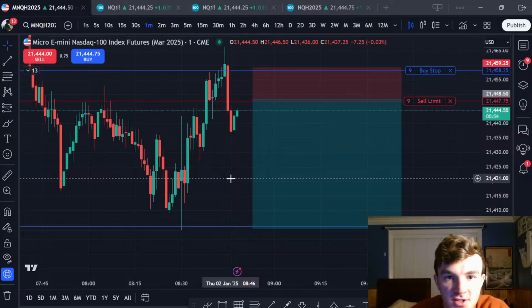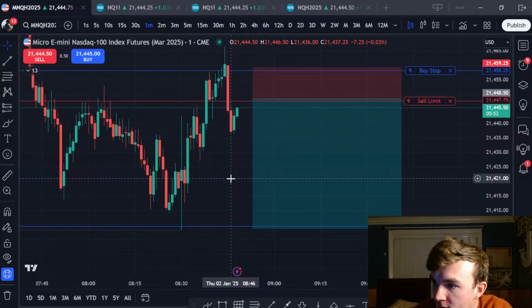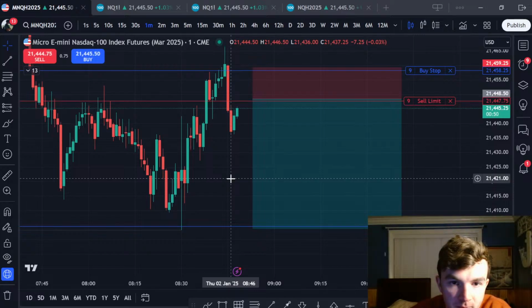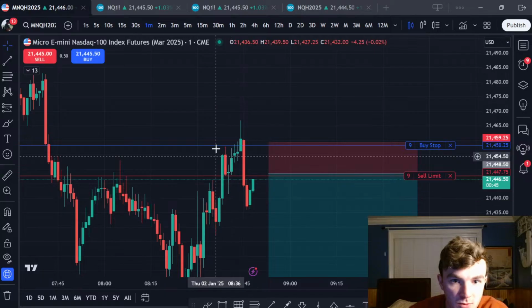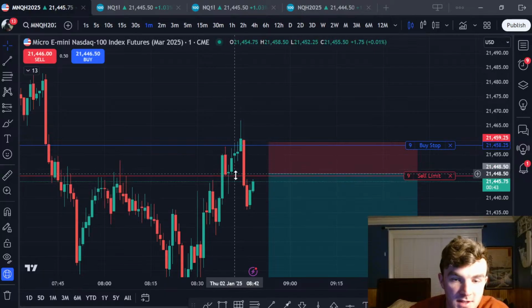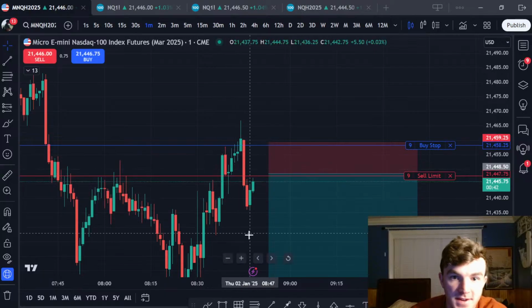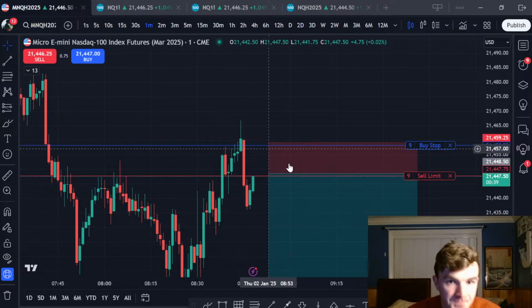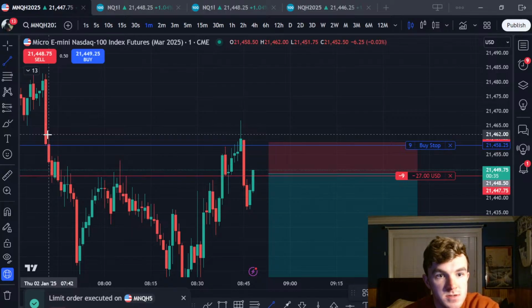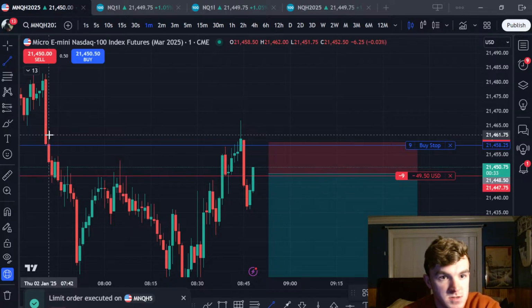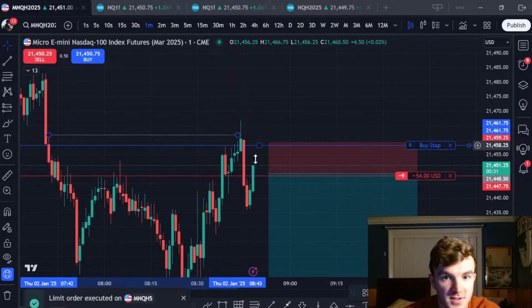It's got good signature to it. Because what happened? We wicked up, essentially aggressively wicked above this high here. So I'm willing to take the risk on this one.